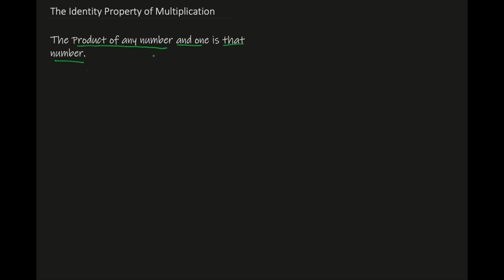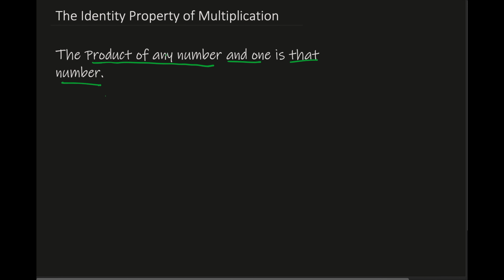Instead of having x and y, let's just do an actual number here. Let's make that 3, and 3 again. Now that makes sense. So the product of 3 and 1, 3 times 1, is 3.